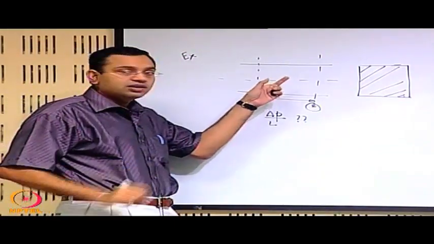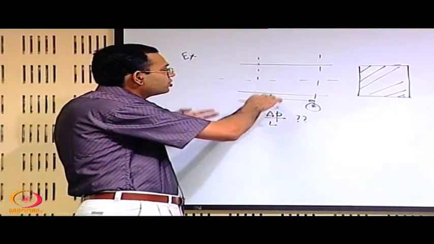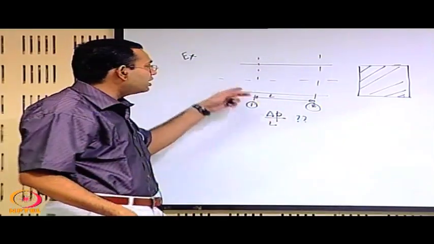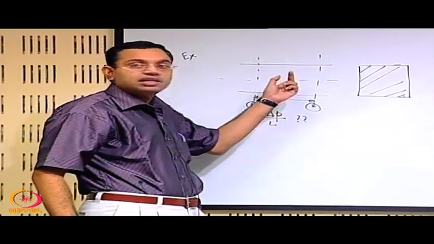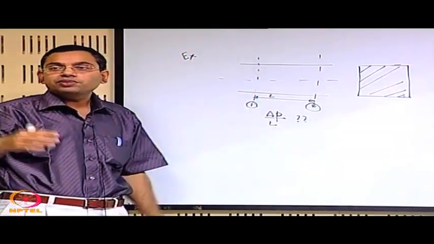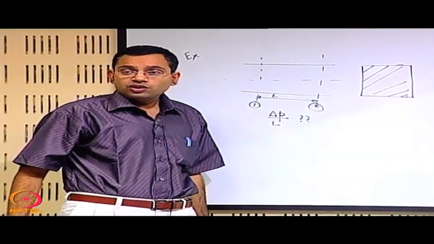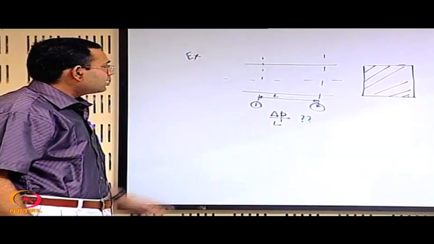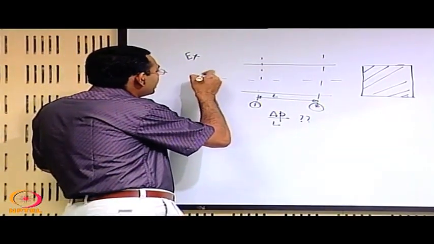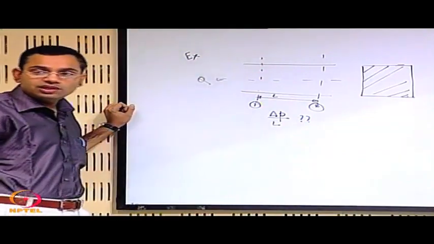Remember, here there is nothing called u infinity, because it is a confined flow, so it may be u by u outside the boundary layer, which is the u corresponding to the center line maybe. So let us say that profile is known. Also it is known what is the total rate at which the fluid is entering the system, because that is what is controllable.